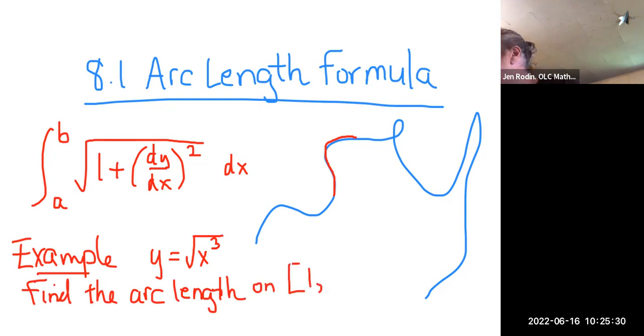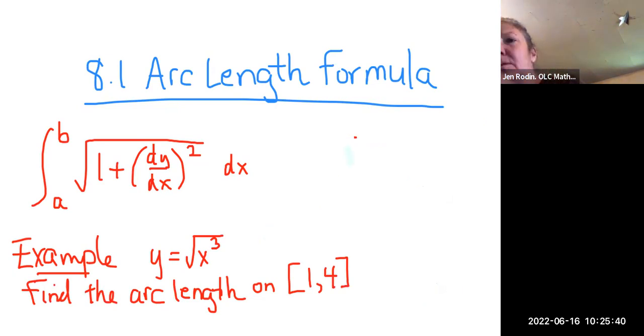I'll just do the interval of x values from 1 to 4. So that's not this picture. Square root of x to the 3rd is not as exciting. You could graph it, see what it looks like. That's the same as x to the 3/2. We change it to a fraction exponent. It'll make it easier.